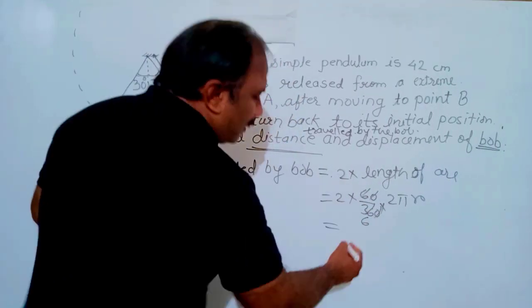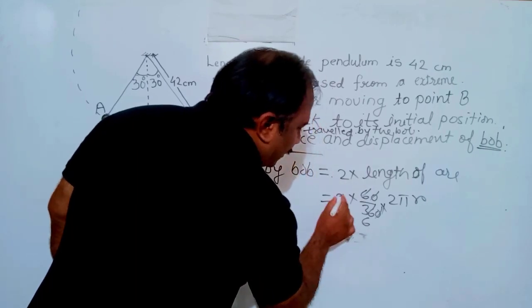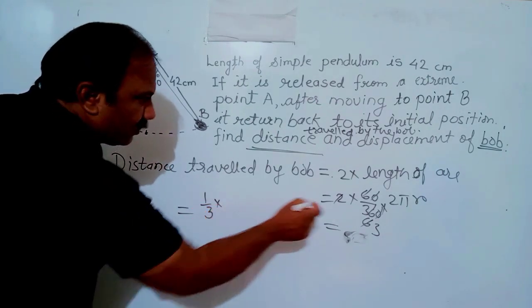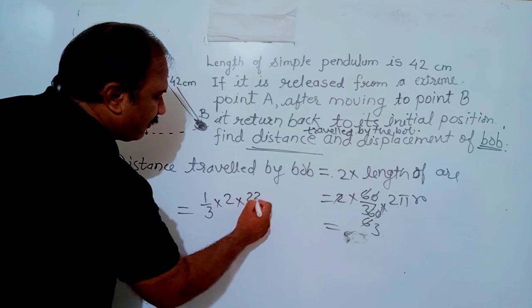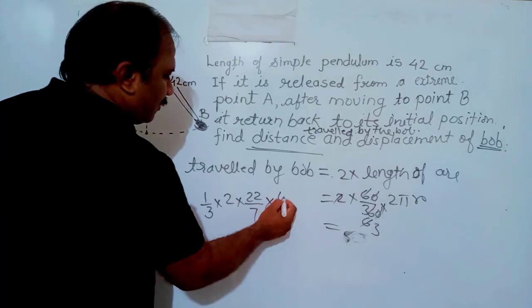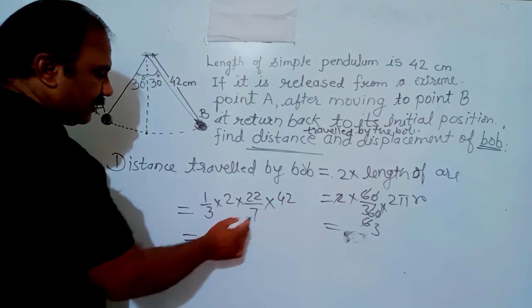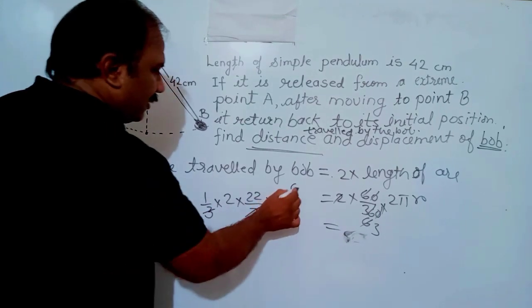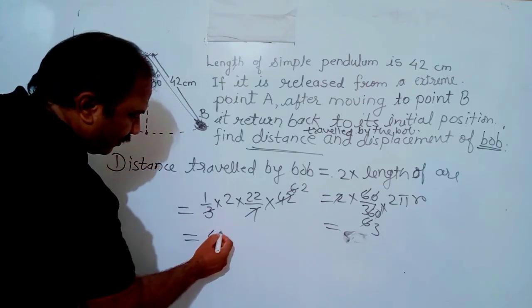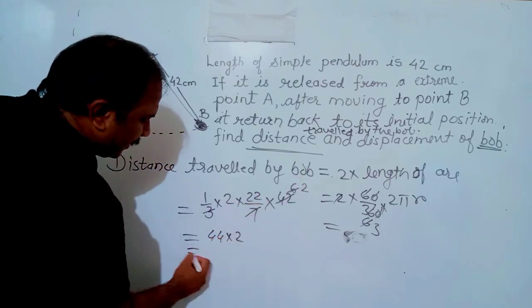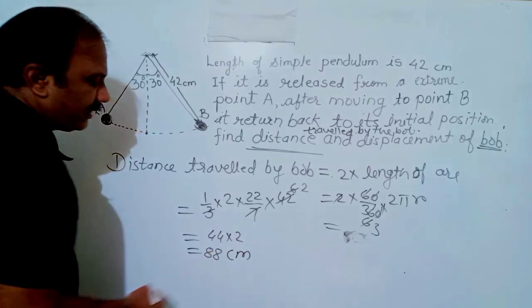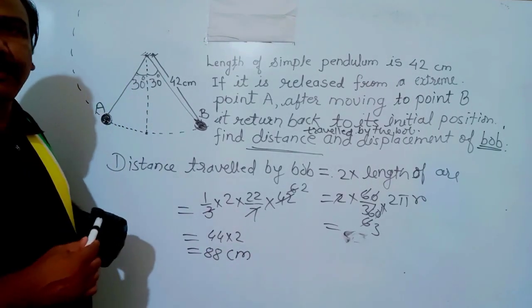Putting these values, 3 2s are 6, that is equal to 1 upon 3 into 2 into pi 22 by 7, r is the radius, so it is 42. Okay, then 7 6s are 42 and 3 2s are 6, means 44 into 2. So 44 into 2, that is 88, and as the radius is given in centimeter, it is 88 centimeter. Okay, so this is the distance traveled by the bob.